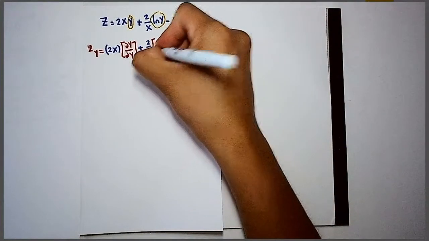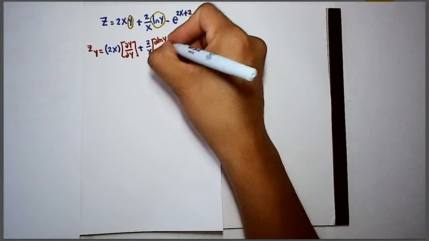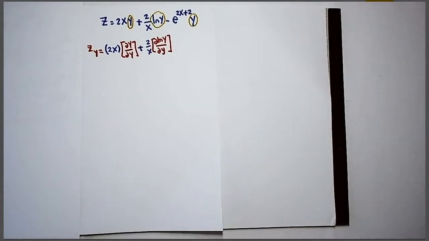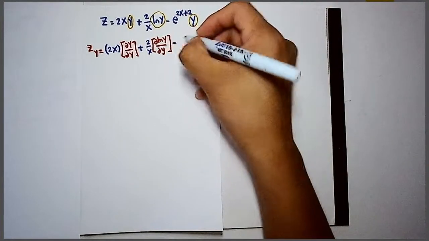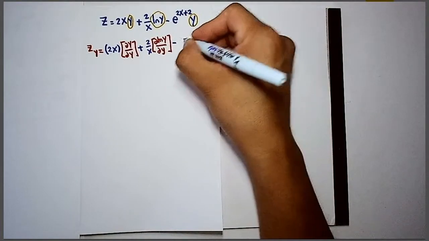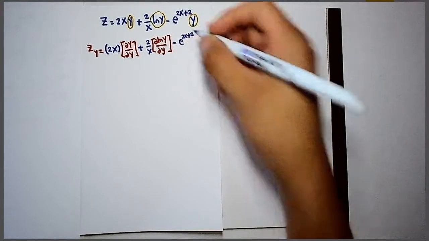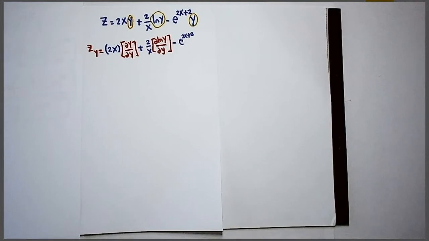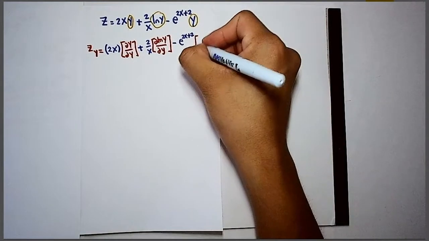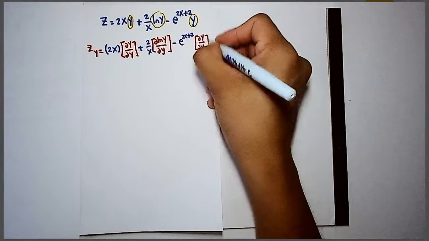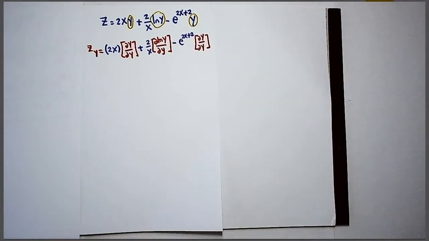Here we are taking the derivative of log of y with respect to y, minus, here the constant part is e to the 2x plus 2, and we are taking the derivative of y with respect to y.